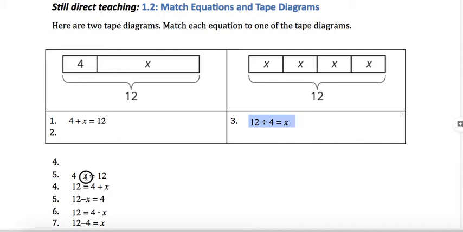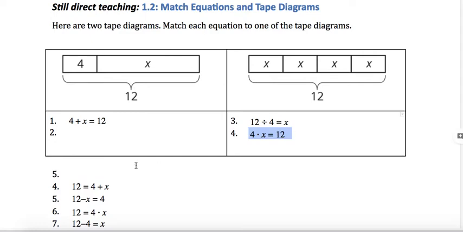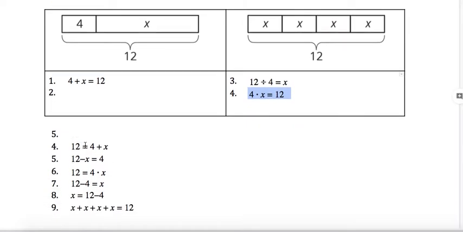Then we have 4 times x equals 12. Well, I know that multiplication and division are inverses. So let me check the one that we just put the division on. And we have 1, 2, 3, 4 copies of x, and left to right it's equal to 12. So this one would go here. 12 equals 4 plus x.